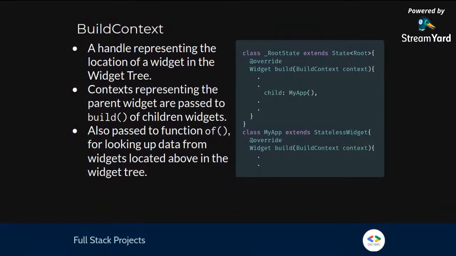So this is how context is typically used. Suppose you want some data or reference of a widget which is situated higher up in the widget tree. You use something.of(context), and you will get the reference or the value of that widget in the widget that is lower in the widget tree.